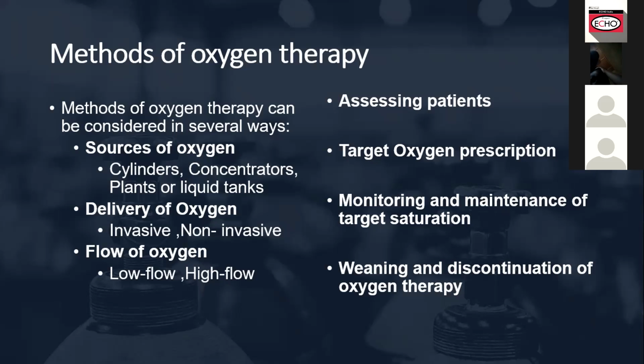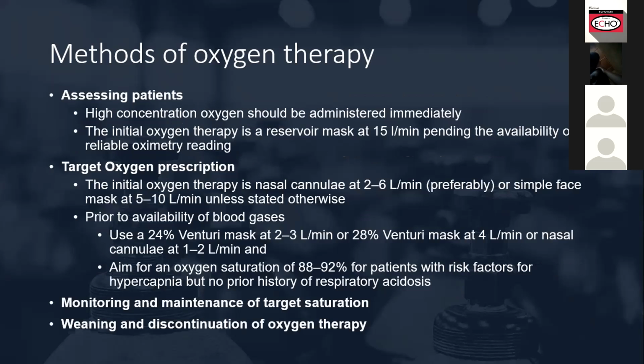So let's go to the next to continue with the methods of oxygen therapy. You assess your patient and then document your target oxygen prescription. Of course, you choose the device to be used, and then you recommend monitoring and maintenance of your target saturation. Then you plan your weaning therapy.